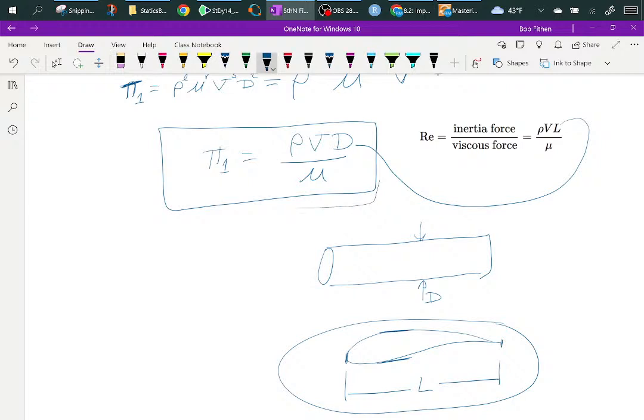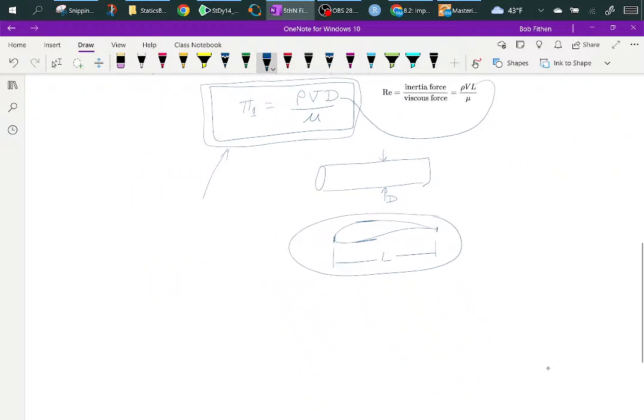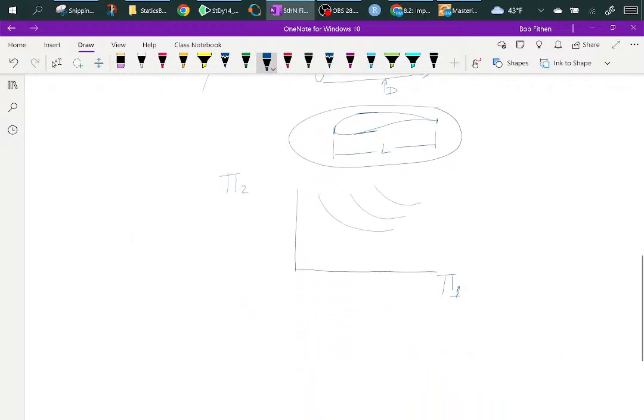So it turns out all these non-dimensional numbers can be extracted out of a group of experiments, thousands and thousands of them, and you find out, okay, I can do a plot. You have two pi terms here, and I can take all pipes and put pi 1 and pi 2 and plot everything. They're going to look kind of like that.